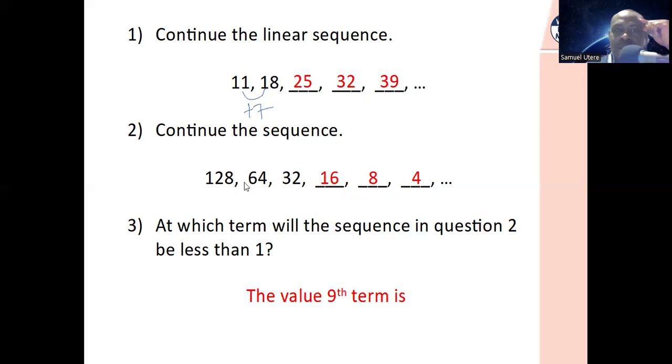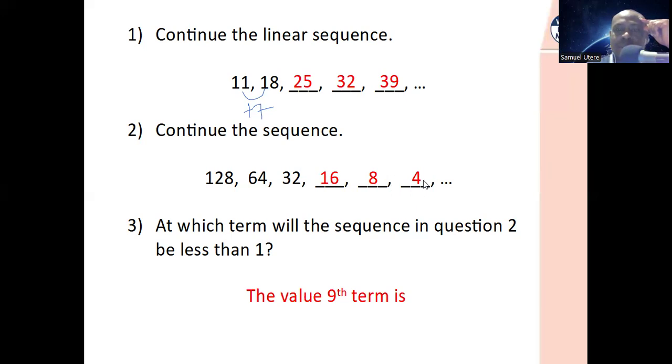And then here you can see that we're halving the number every time. Half of 128 is 64, half of 64 is 32, half of 32 is 16, and so forth. Then you need to continue the sequence until you find the term that is less than 1. You see we have 1, 2, 3, 4, 5, 6.